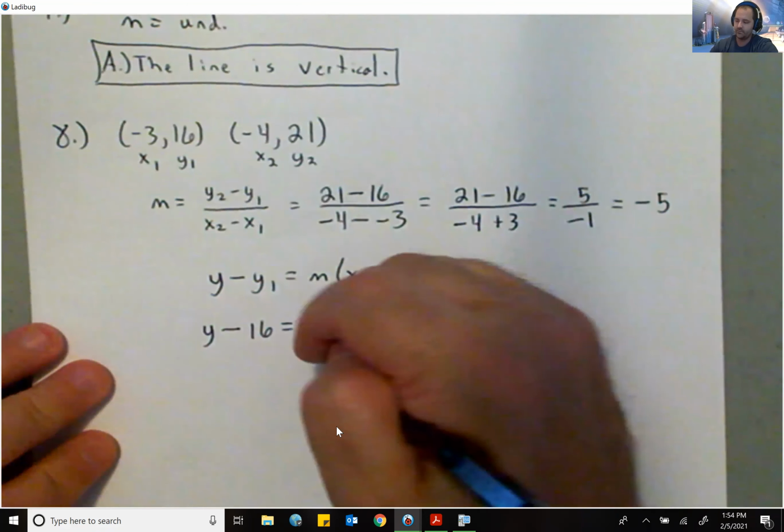So you'll have 7 times 16 minus 7. Now what are you going to do? 7 times 16, which is 112. And then we're going to subtract 7. So 105.